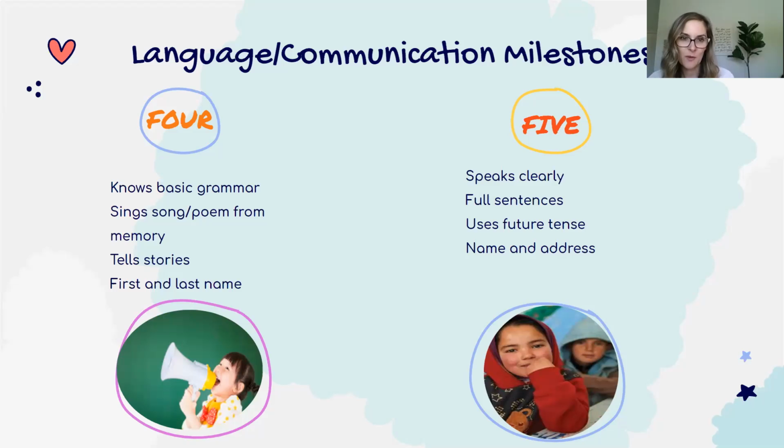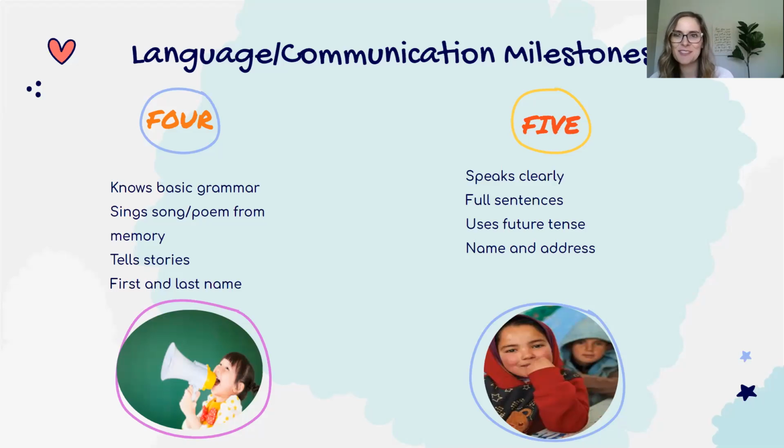So 5-year-olds, they speak very clearly. They can tell a simple story using full sentences. They love to sing and dance and are often rule followers. And again, they remind us when we are not following the rules. They can differentiate between what is real and make-believe. So maybe like unicorns. I won't mention anything else around this time of year.